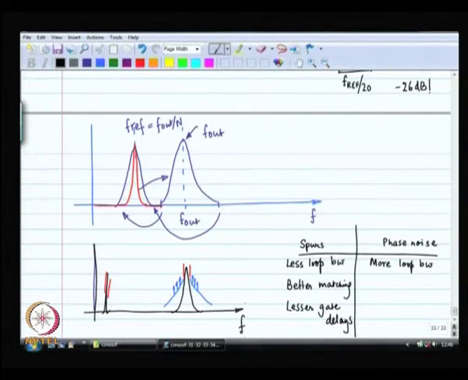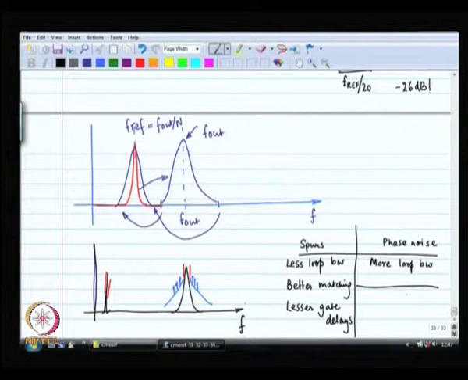So, if you want to improve spurs performance, if you want to reduce the spurious frequencies, then you have to have lower gate delays, you have to have better matching between the up and the down currents, you have to have lesser loop bandwidth. Unfortunately, if you want better phase noise, you need more loop bandwidth. If you want to have lower settling time, then you want to have more loop bandwidth.